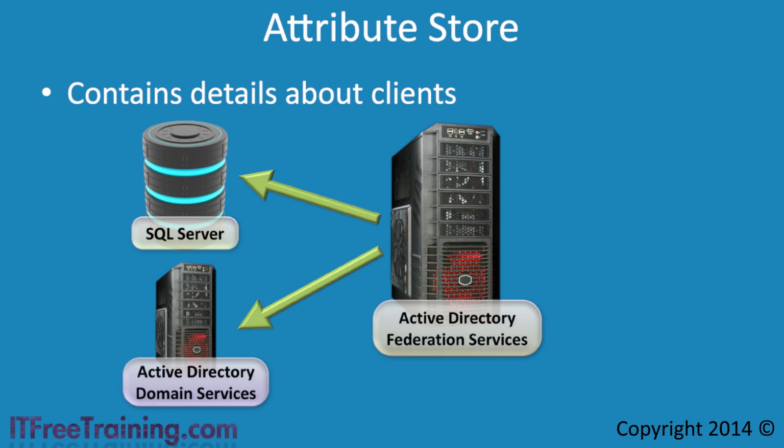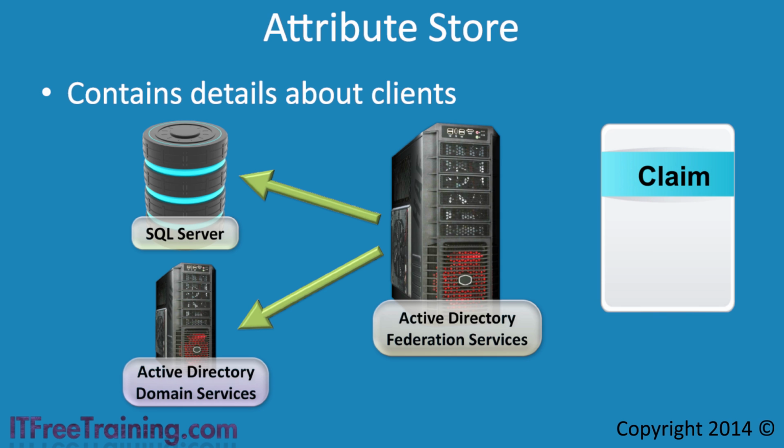For example, suppose there is a requirement that all claims have a picture of the user in them. Active Directory does not include this ability by default. It could be added, but most administrators do not like adding features like this, as it involves changing the schema, which cannot be reversed once done. To get around this, after the user is authenticated, a claim is created with information like the username obtained from Active Directory.